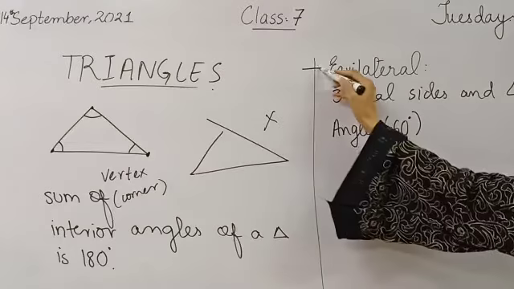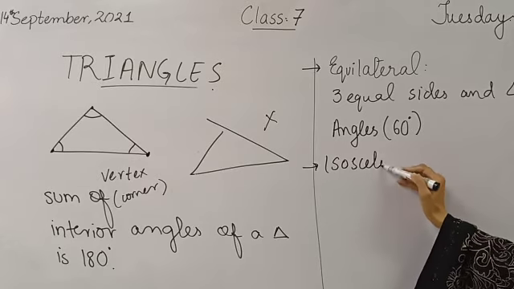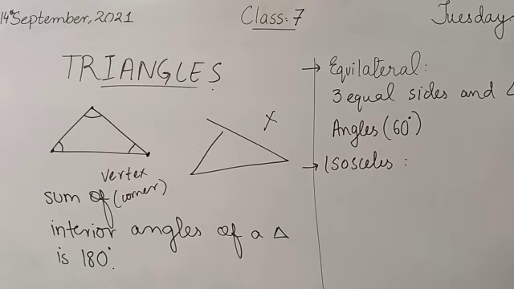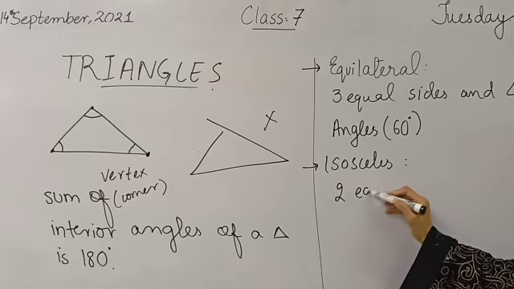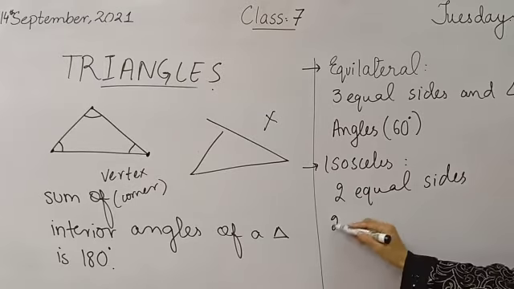Okay? Second type, isosceles triangle. What does this isosceles triangle mean? A triangle having two equal sides, two equal angles.